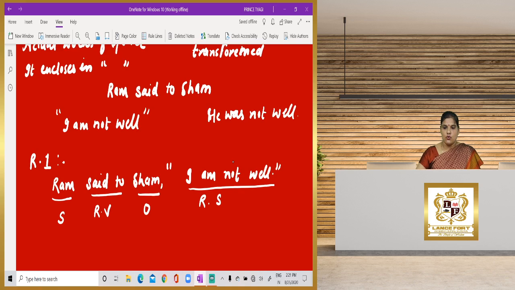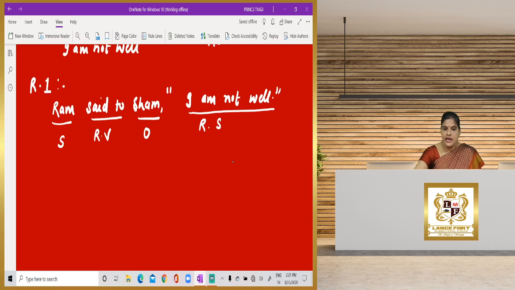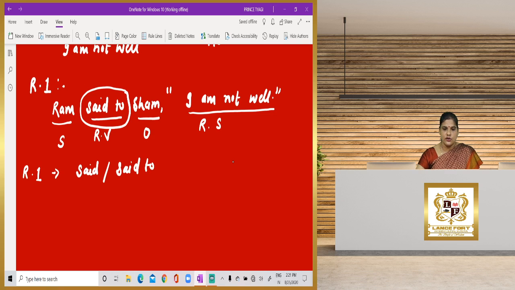So now rule number 1: if your reporting verb is said or said to, said will remain the same, but if said to is there, it will change into told.